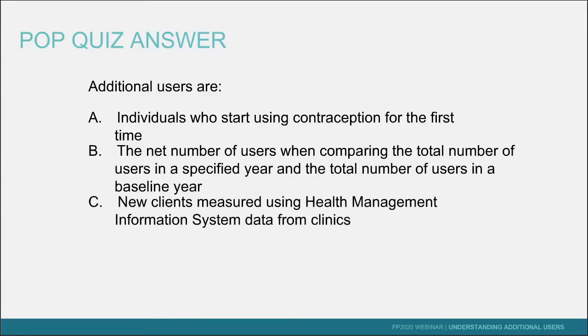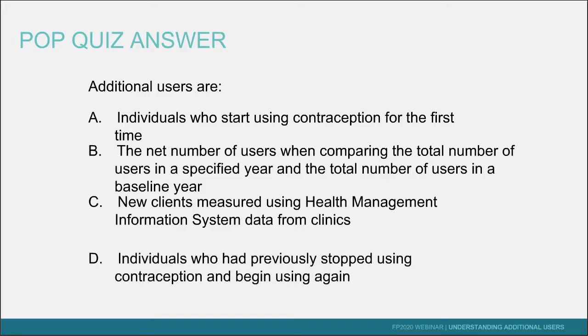And C, data coming from HMIS systems doesn't necessarily measure an additional user. Again, it can be a new client, a new user of a method that they hadn't used in the past. And they may discontinue, so they may actually fall out after leaving that clinic, and we don't know, and therefore they are not additional users necessarily.